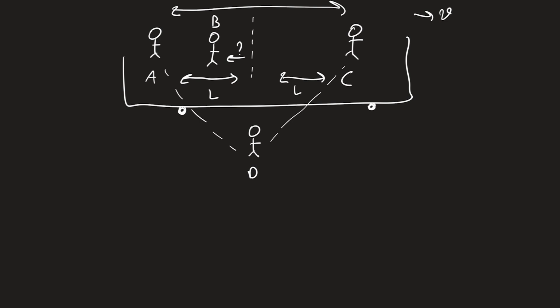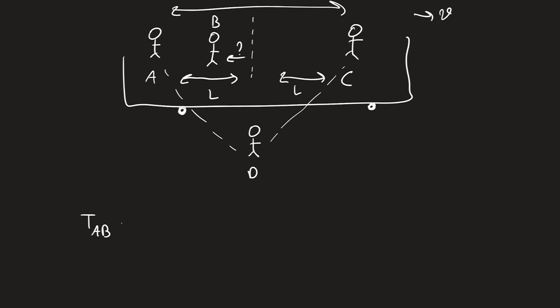So they may agree, for example, that Charlie will wait for his watch to hit 12 noon and Alice will wait 12 noon plus 1 second, if we exaggerate the effect here. So that on the ground, Denise sees the beams are simultaneous. Anyway, let's do the math now.